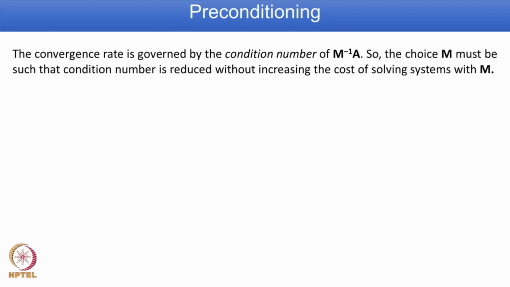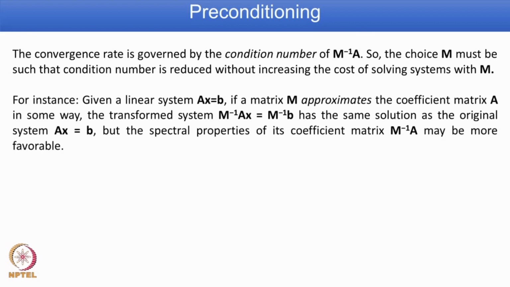For instance, if A x equal to b, and matrix m is as close to A, in such a way that the transformed system m inverse A x equal to m inverse b has the same solution as the original system A x equal to b, but the spectral properties of its coefficient matrix m inverse A may be more favorable for transforming the system and getting the solution.